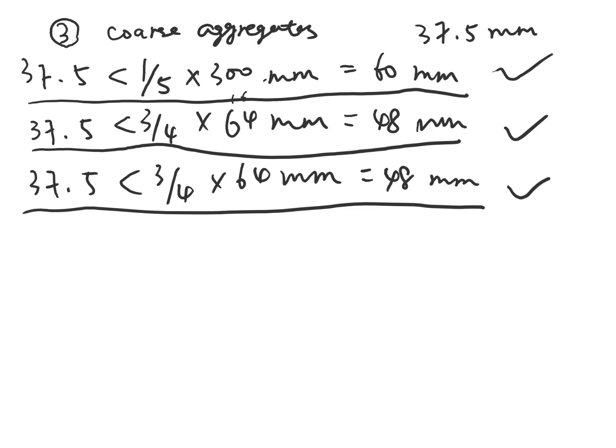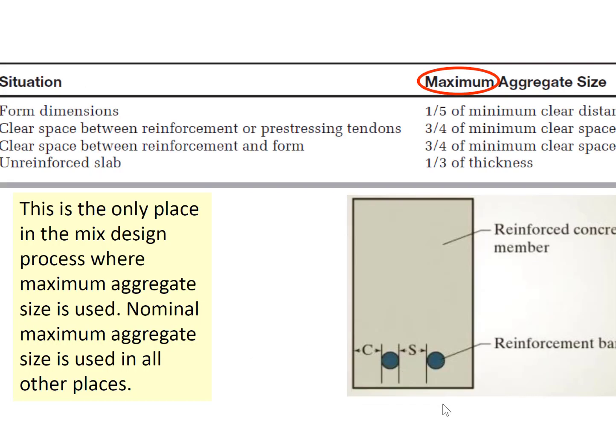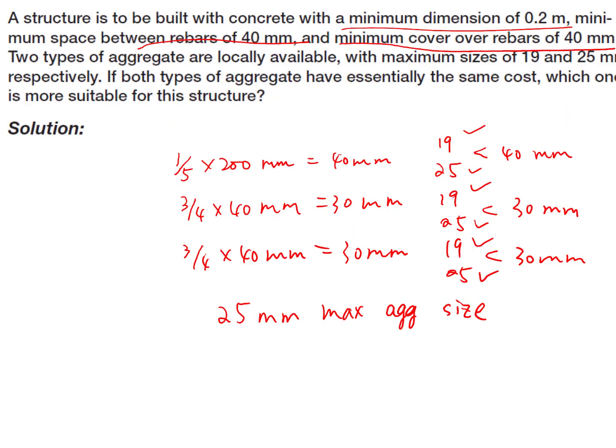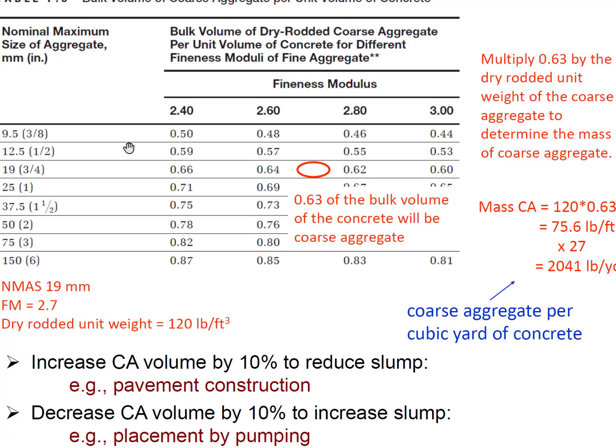So next, let's determine how much coarse aggregates we are going to use for the project. So from this table, we already have the nominal maximum aggregate size. Then we can check the fineness modulus to determine the bulk volume of coarse aggregate per unit volume of concrete.